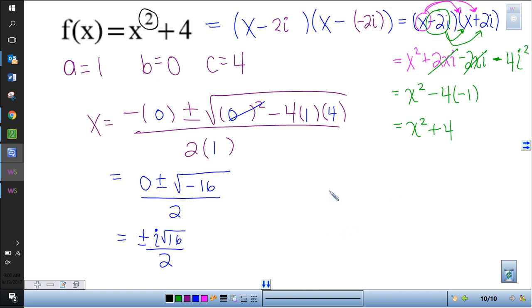So the degree of your polynomial, the greatest power on your polynomial, will be how many roots you can have. And they will all be complex roots, but they may be real or non-real, or a mix of both. So it can be either. So that's it for the fundamental theorem of algebra for today.